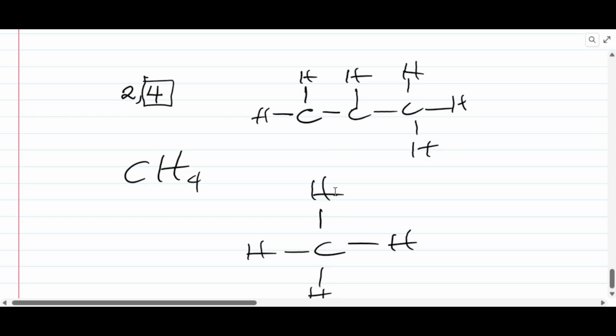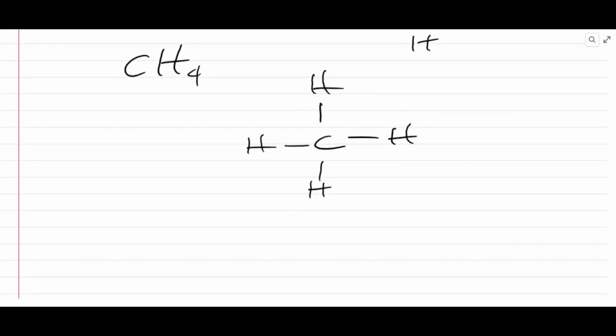I want to build that from here. So anytime you see a single bond like this, a single bond means there is one electron shared between the two atoms. That is between hydrogen and carbon in this case. This single bond means one electron is shared between carbon and hydrogen.